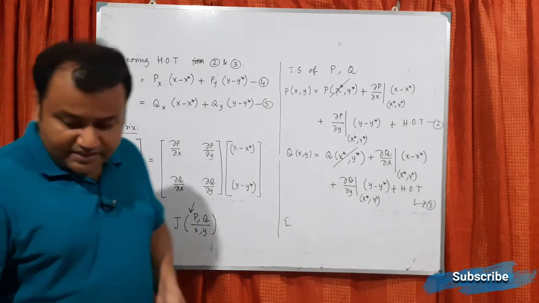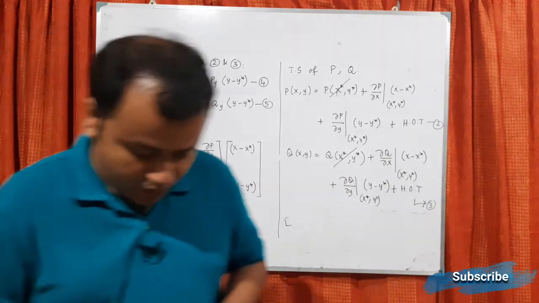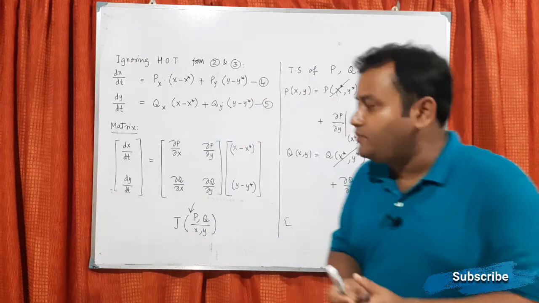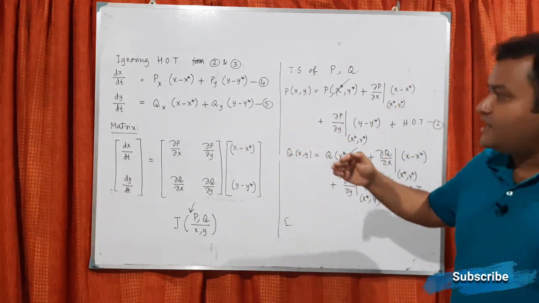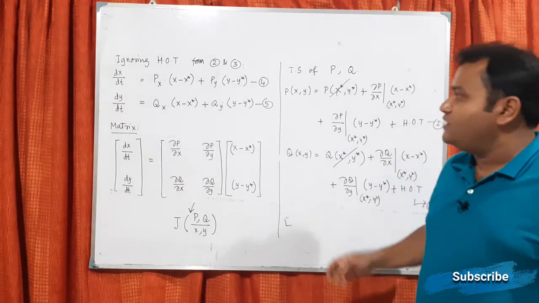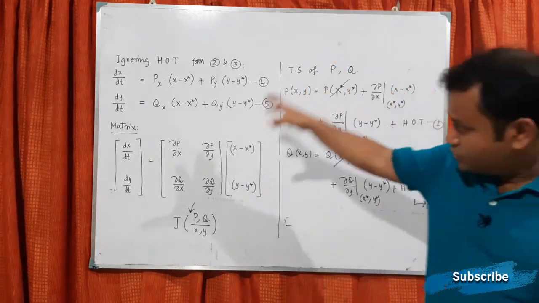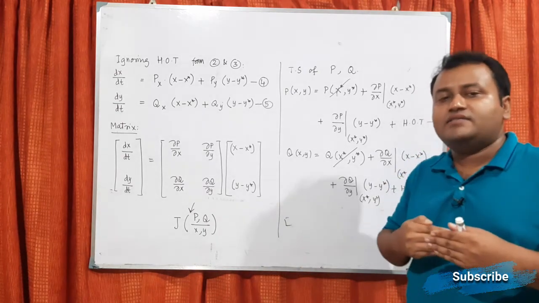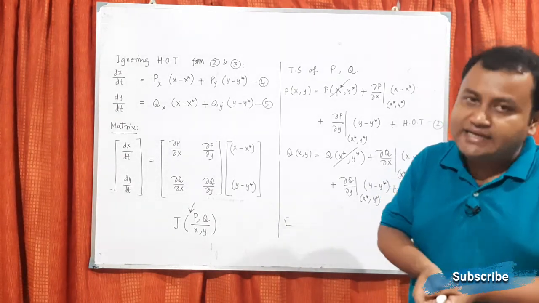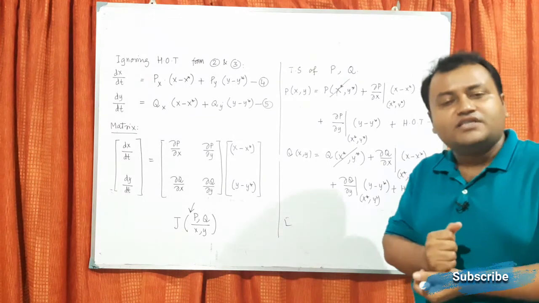So basically the idea is that when any nonlinear system is there, all the problems of nonlinear systems you may not be able to solve using your so-called procedure. So what you have to do is convert the nonlinear system to an equivalent linear system. What is the conversion procedure?